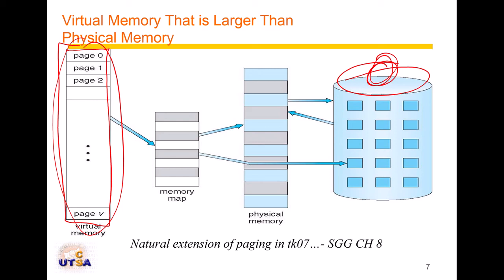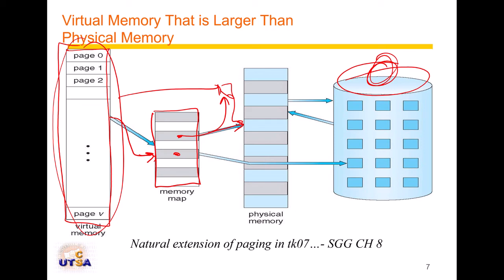When we put these things into the physical memory, as in paging, we will assume that you have a memory map or a page table, which simply tells us, using the page number as an index, the frame number, and then by combining the offset with the frame number, we go to the physical address within that frame. But some of the pages here will not be in the physical memory, they will be on the disk. So this way we can access them as well.